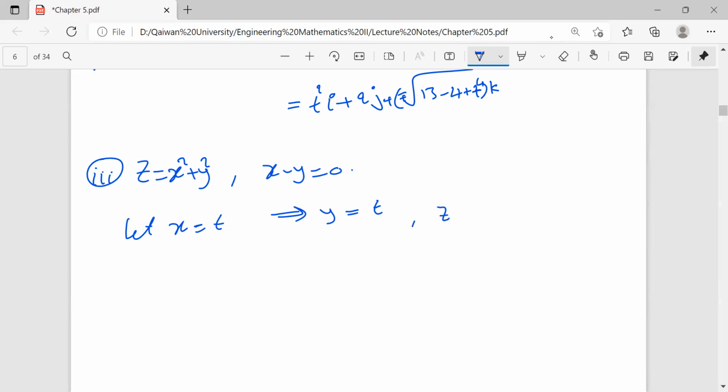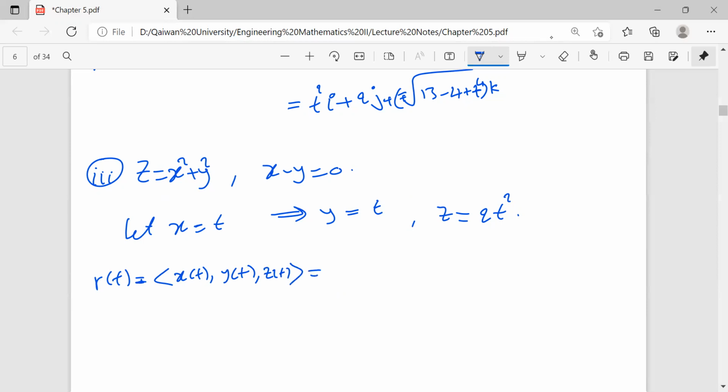And z equals t squared plus t squared, which is 2t squared. Then r of t, which is the vector valued function which represents the intersection of those two functions, equals x of t, y of t, z of t.